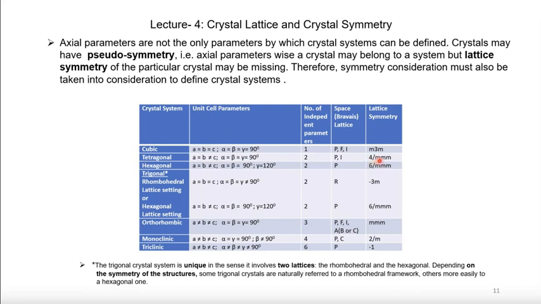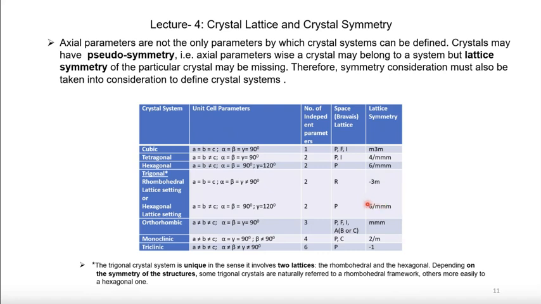Similarly, for the tetragonal system, we must have a 4-fold rotation and 3 mutually perpendicular mirror planes. For hexagonal, we have this point symmetry group, which says that it must be a hexagonal crystal system. And this is -3m, which is the rhombohedral setting. For this, we must have -3m to say it is a rhombohedral crystal system.